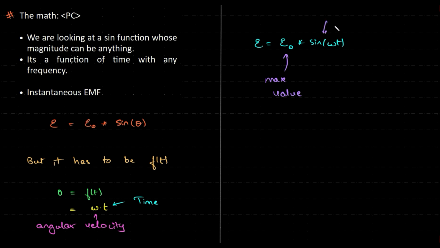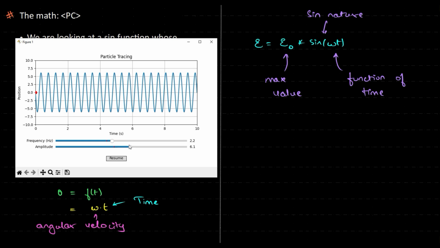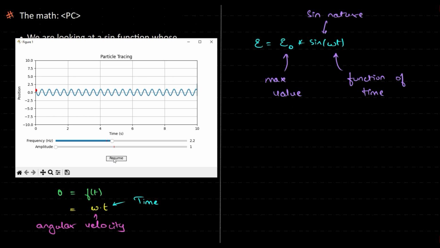And this represents the sinusoidal nature, while this represents the function of time. Does it make sense? If I make this as 1, then you get a sine wave whose amplitude is 1. So this is a sine wave, your traditional one.